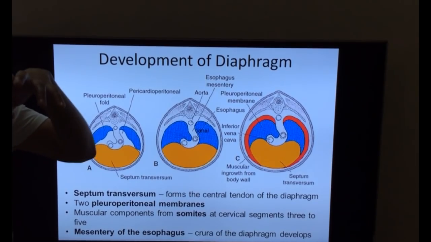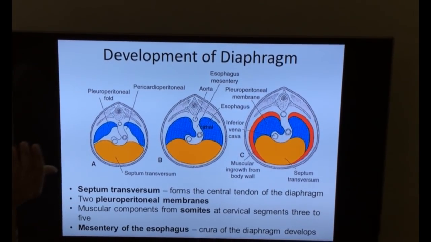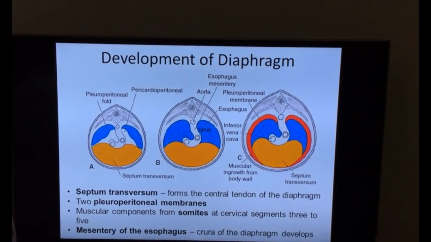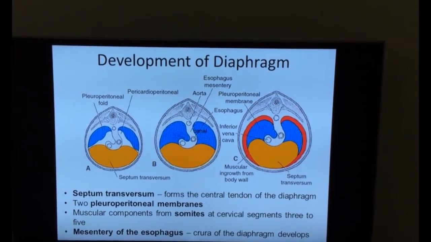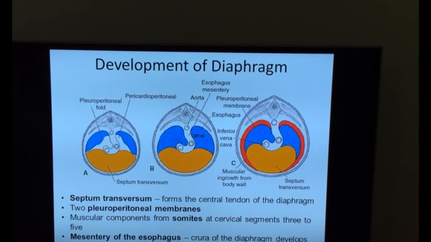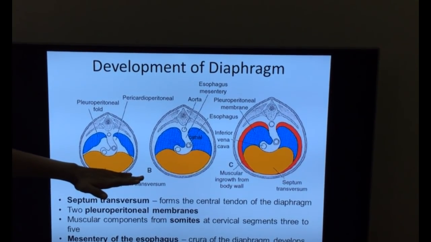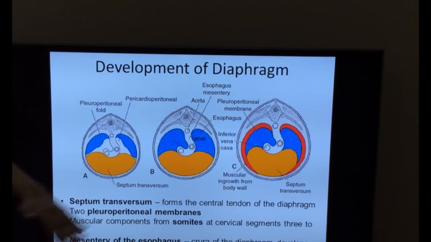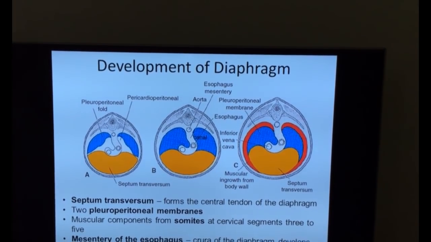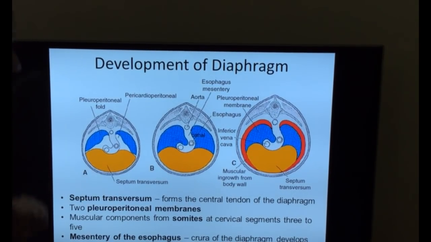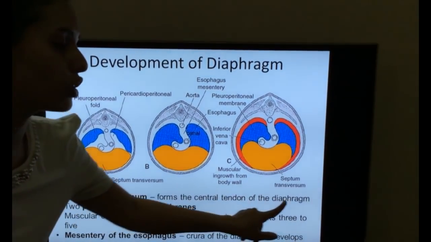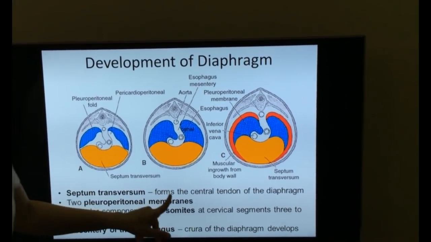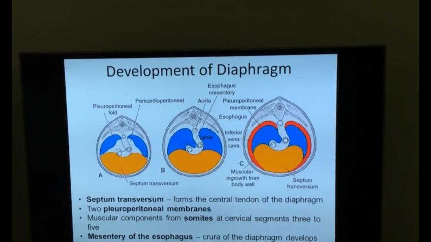When the cephalocaudal and the lateral foldings are occurring, there is formation of a mesenchymal plate between the thoracic and abdominal cavity, and that plate is called the septum transversum. It develops from the ventral wall and expands towards the dorsal side. The septum transversum mainly gives rise to the central tendon of the diaphragm. You know that the diaphragm has a tendon at the center, so this forms the central tendon of the diaphragm.